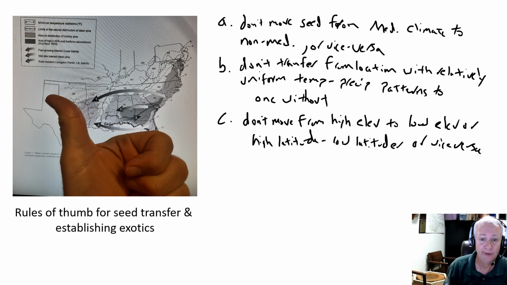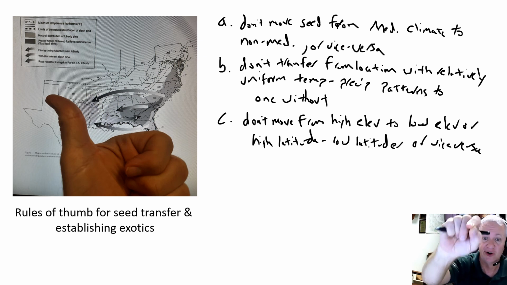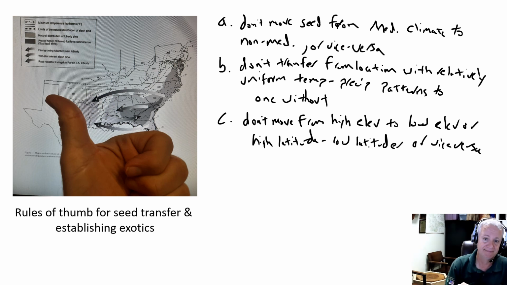Now, we talked about rules of thumb before, about 100 meters of elevation going up being roughly equivalent to going 1 degree latitude north. That can help. You might transfer from a high elevation, low latitude further north to a lower elevation. That might be some guidelines you can follow to help lower your risk.